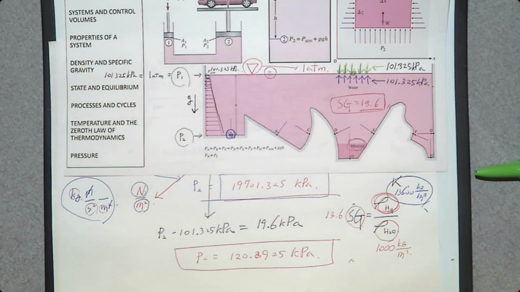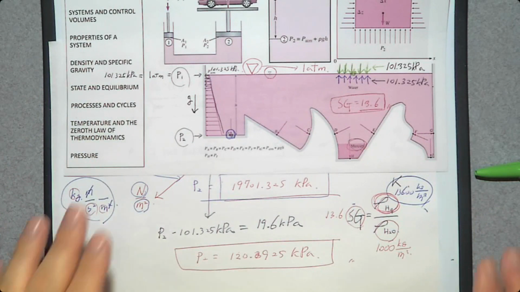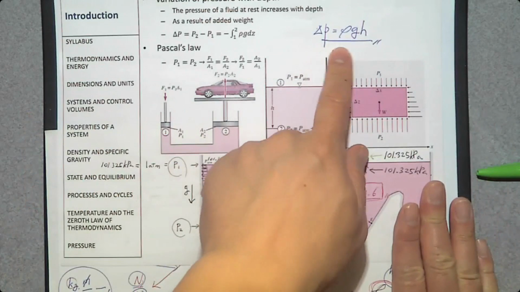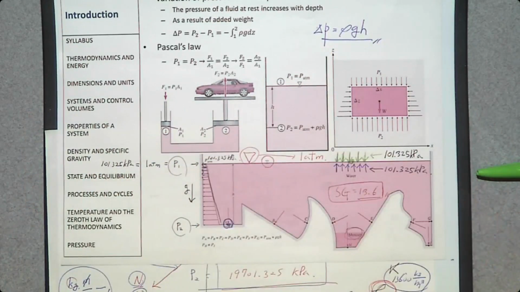So we learned 2 things. Pressure increases in the gravity direction. And by how much? By delta P equals rho g h. Pressure changes by that much if you move in the gravity direction.